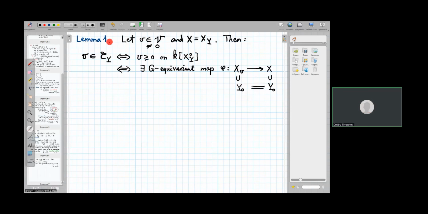So the next lecture will be devoted mainly to the classification of general spherical varieties, and maybe some geometric properties coming from this combinatorial classification.